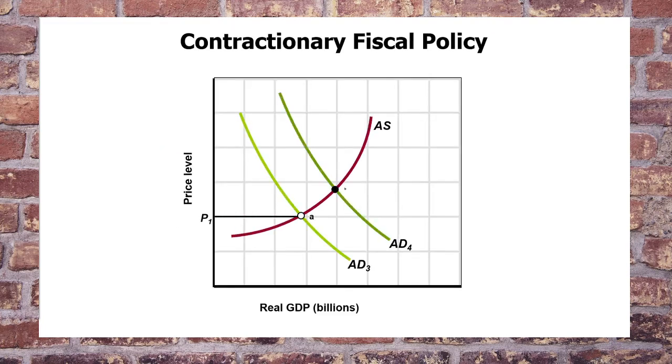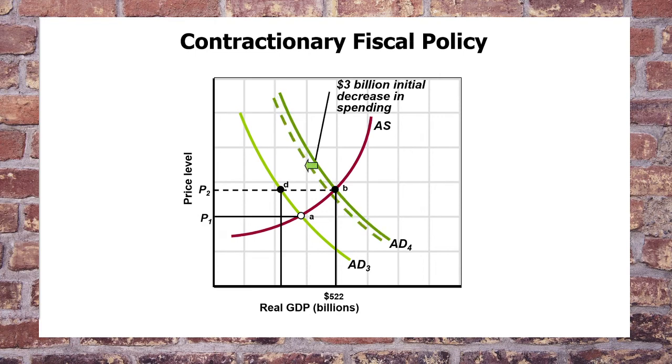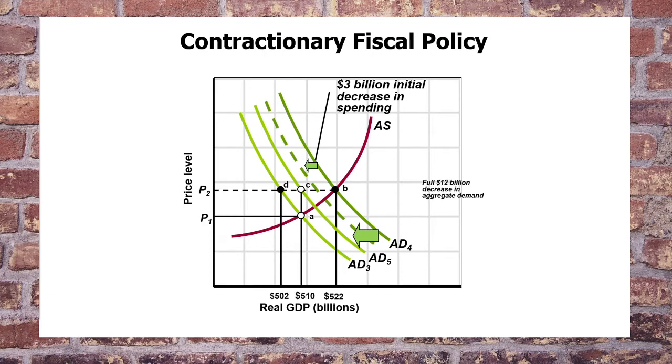Graphically, you'll notice we have our aggregate demand. We are going to decrease government spending by 3 billion. That shifts, and then we get an increase over, and we end up with a full $12 billion decrease in aggregate demand. Is the marginal propensity to consume and the multiplier consistent with contractionary as it was with expansionary?